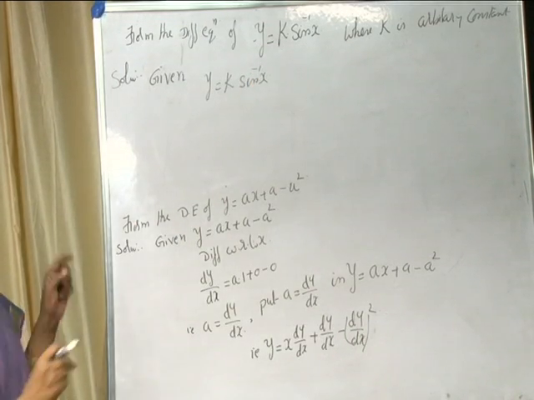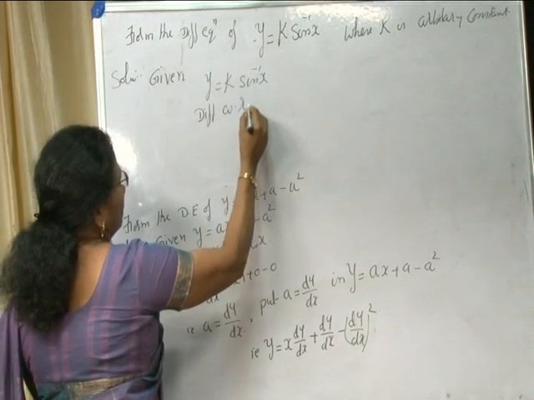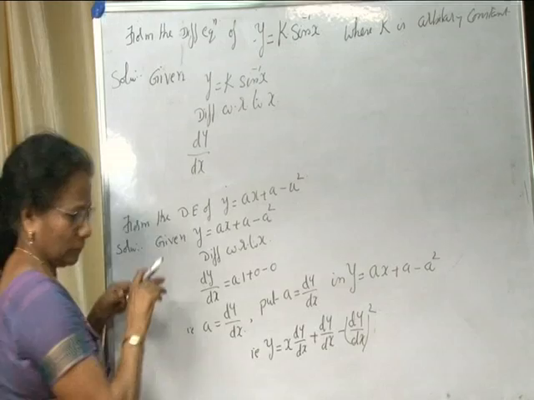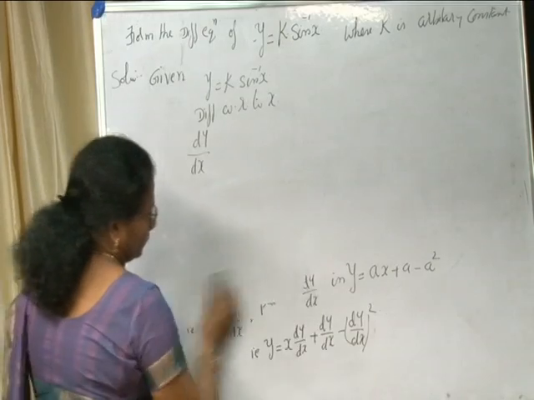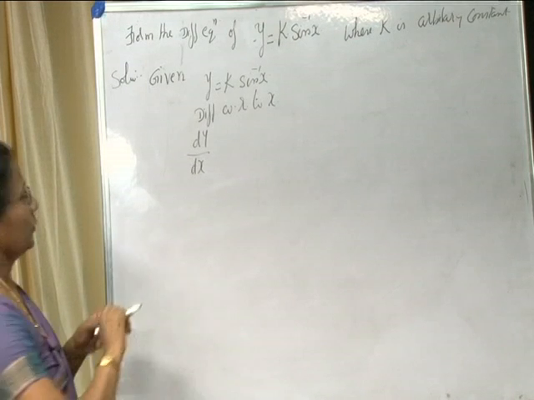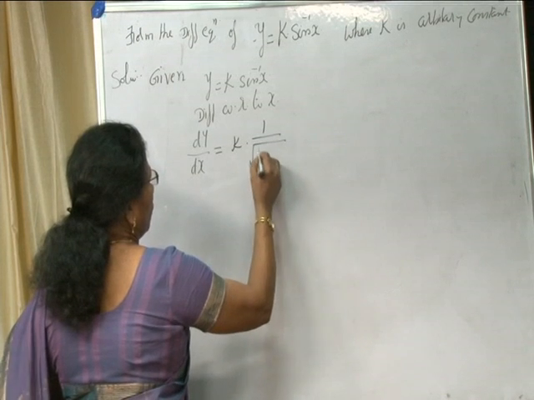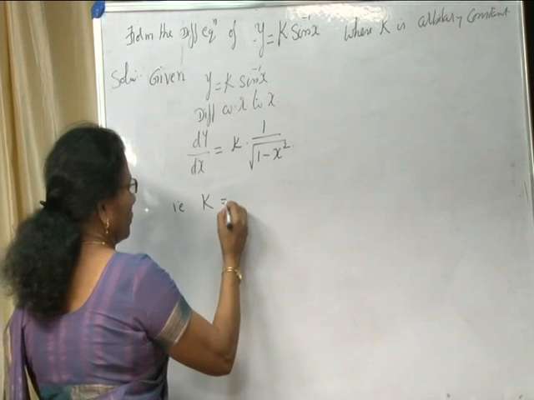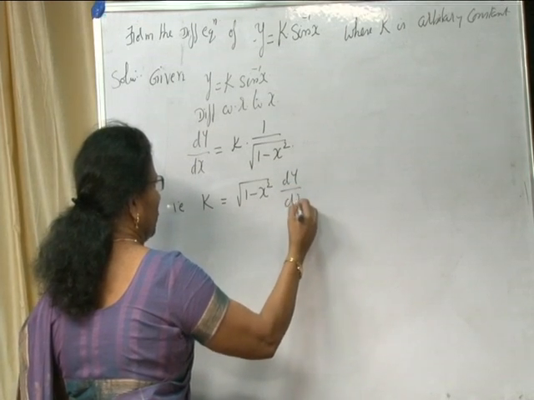Differentiate with respect to x. dy by dx is equal to k into 1 over root of 1 minus x square. That is, k is equal to root of 1 minus x squared dy by dx by cross multiplication.